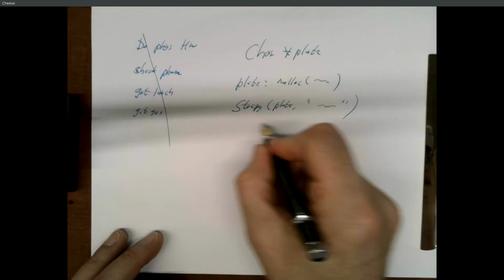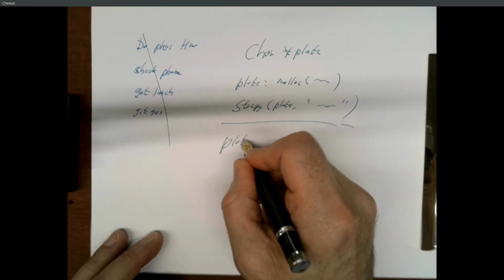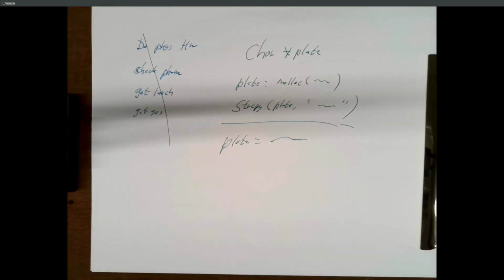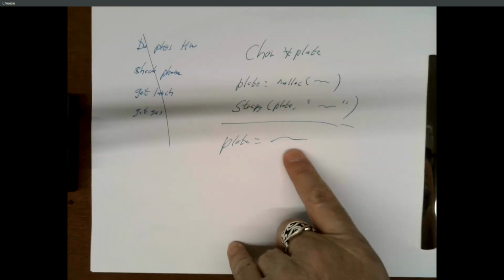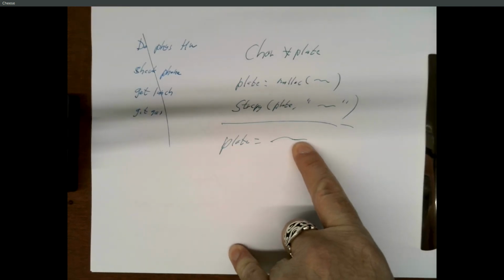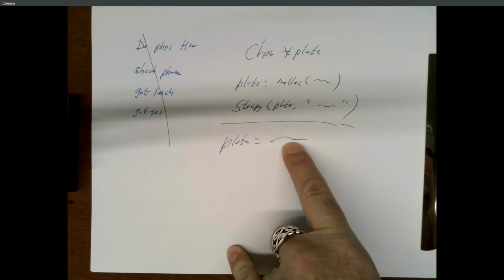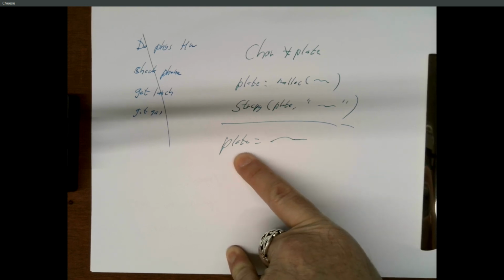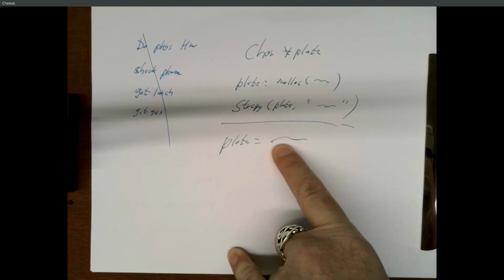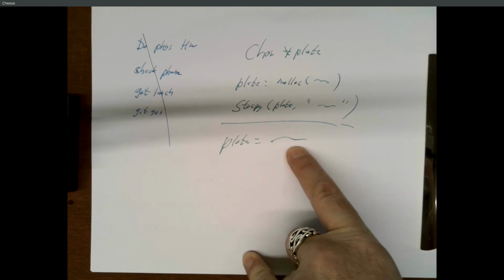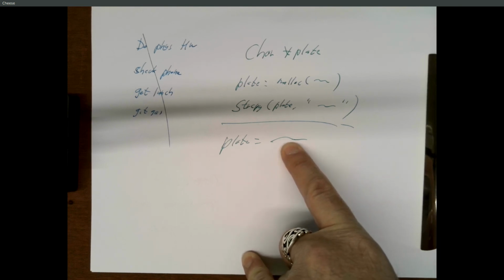If instead you just do plate equals something, and that something changes down the road, plate will automatically change at the same time. Even if it's a temporary variable and you change its value, plate will change, because this isn't copying characters, this is saying plate refers to the same thing that this refers to.